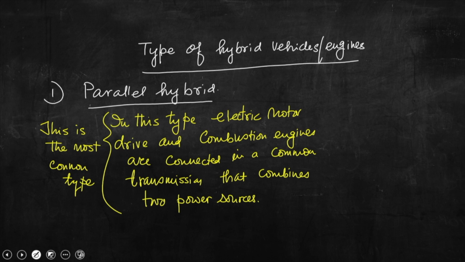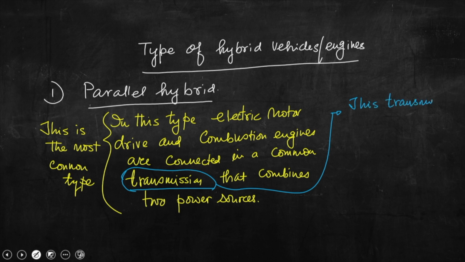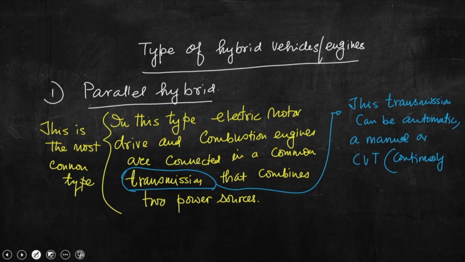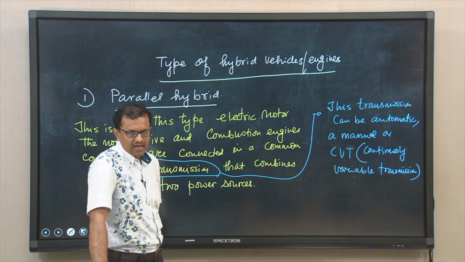This transmission can be automatic, it can be manual, or, very important, it can be CVT, that is continuously variable transmission. So, this is the parallel hybrid system or parallel hybrid engine.